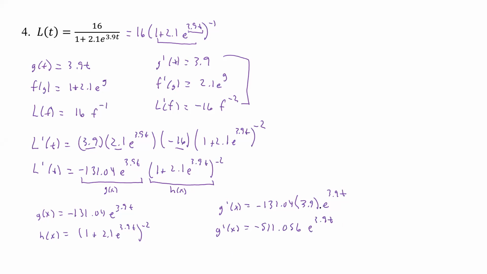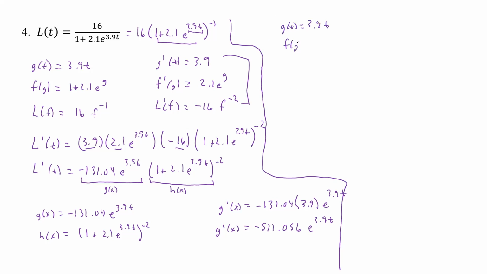All right. Now I have to do this piece, and I'm going to break that down like I broke it down here. Maybe I can get it all on this page. So let's do g of t again, and that's going to be my 3.9t.